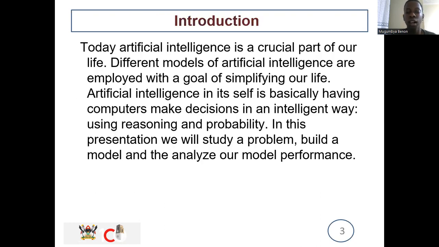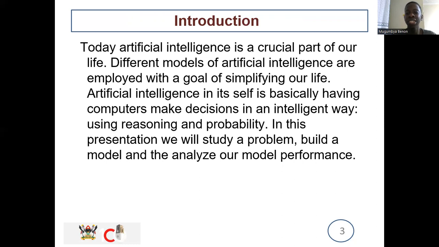So to start, I'm going to introduce our presentation today by basically talking about what AI is, because we are going to be talking about AI more in general. Today, artificial intelligence, which many people call AI, is a crucial part of our life. Different models of artificial intelligence are employed with the goal of simplifying our life. AI is basically evolving to simplify our life.